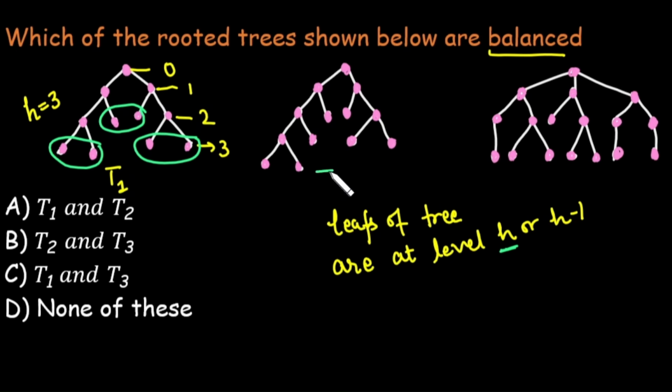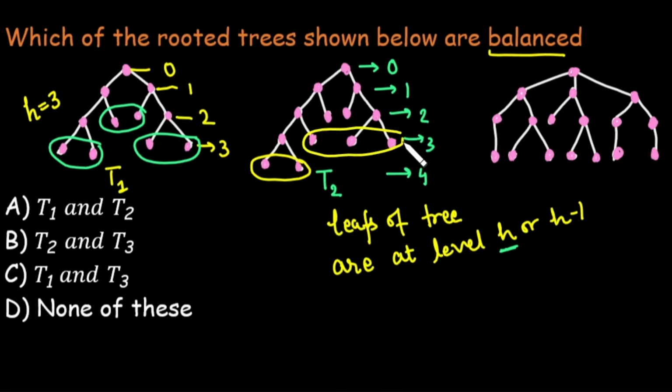Now what about the second tree? T2: level 0, level 1, level 2, level 3, level 4. Now leaves are present at level 4, at 3 and even at 2. So it means this tree is not balanced, as we say that leaves of the tree must be at level h or h minus 1, not at h minus 2.